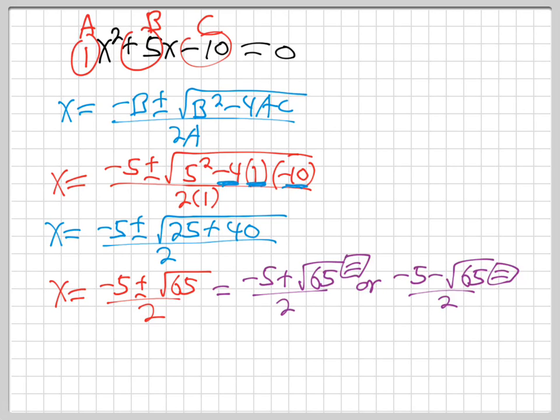And I'm getting, for the first one, 1.5311288874. For the other one, I'm getting negative 6.5311288874.